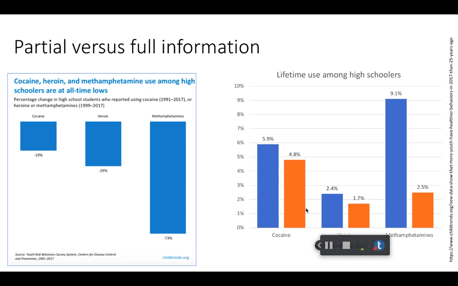And then methamphetamine use at 9% in 1999 dropped to 2.5% in 2017. So this gives you the full picture on rates of use before and after, and you can see the percent change. It's much better information. It's full information.